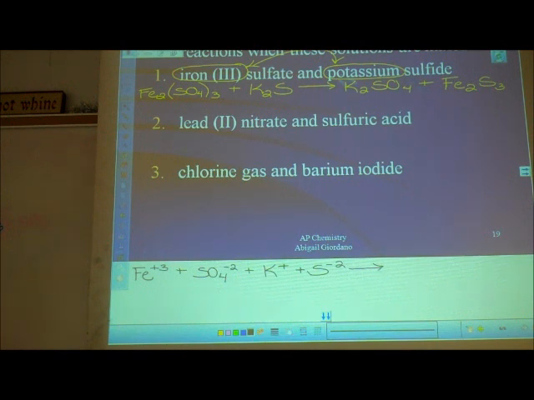How about potassium sulfate? Yes or no? For 2 reasons. It's got an alkali metal and a sulfate ion. That gives it 2 reasons for being soluble. And the last one?